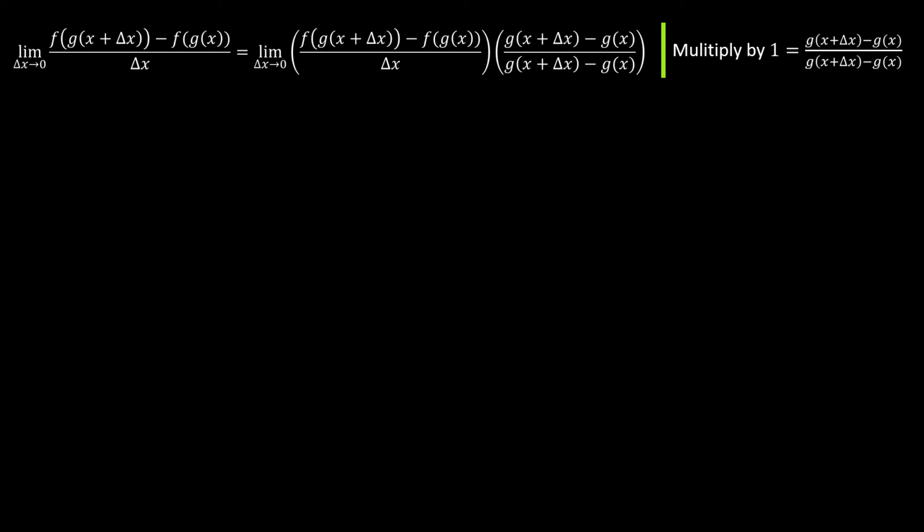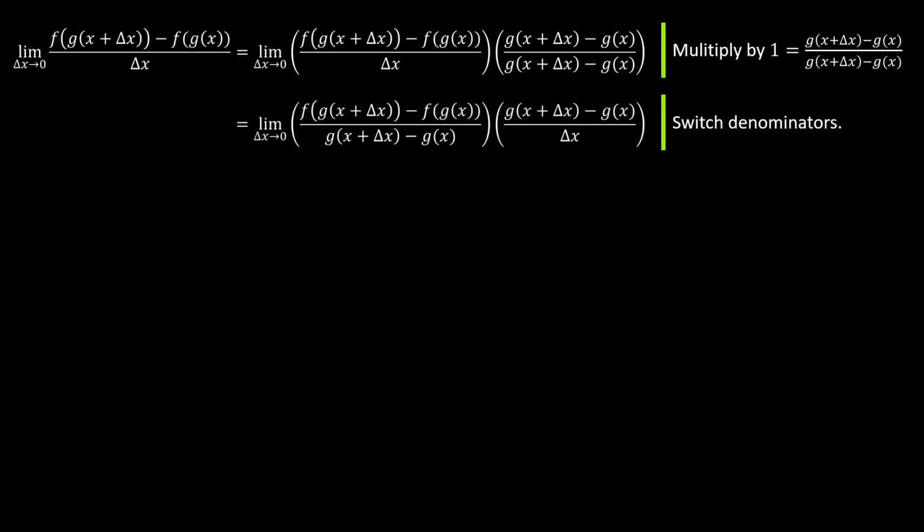So again, why? Well, as we'll see in a minute, the unsatisfying version is that, quote unquote, it works, but really the hint is the inputs that are happening up here, right? So I have g of x plus delta x and g of x here, and so I kind of want that in the bottom over here, but I can't do that for free, so if I do it in the bottom, I'm going to have to do it for the top as well, okay?